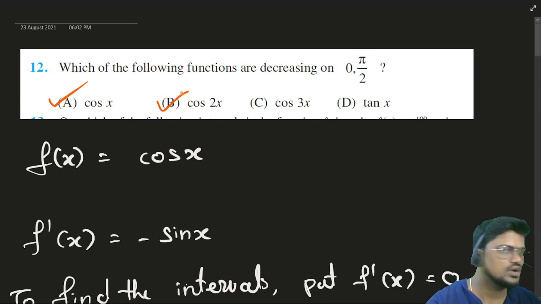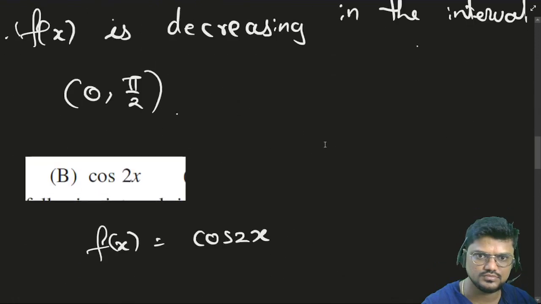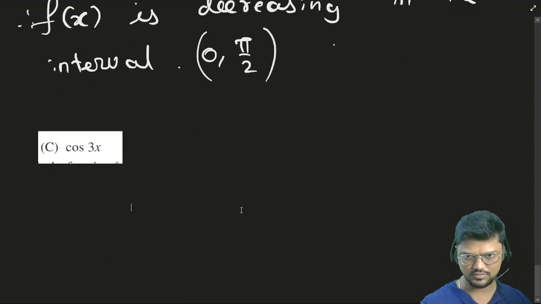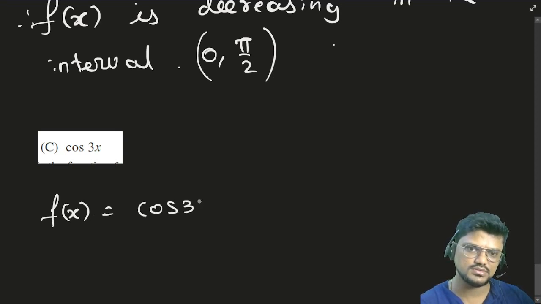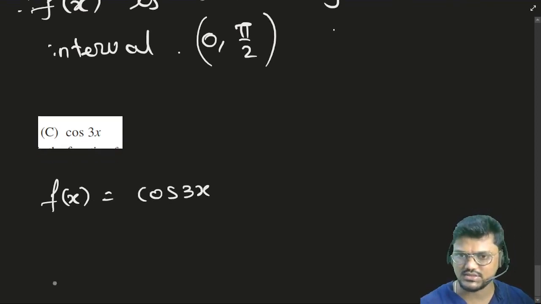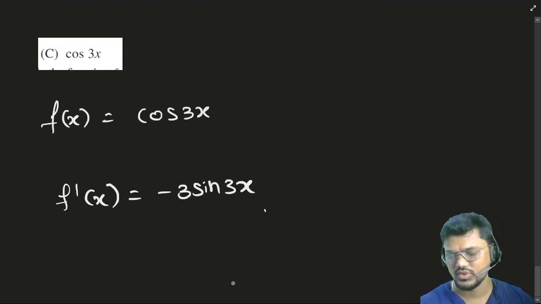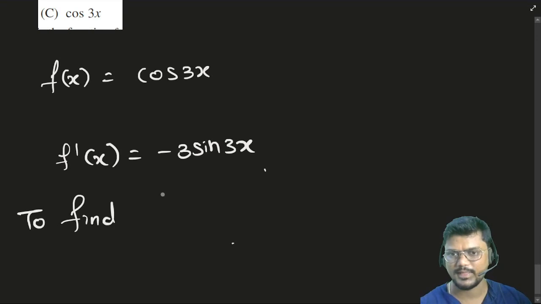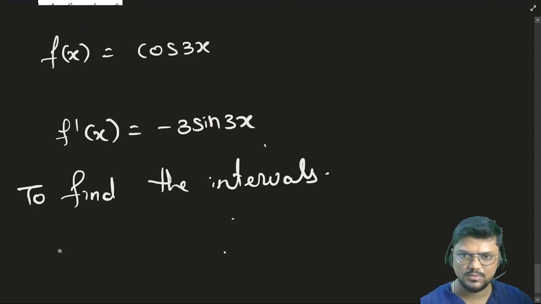Now let us check for cos 3x. Again, your f of x equals cos 3x. Then your f dash of x will be equal to minus 3 sine 3x. Now to find the intervals, put f dash of x equals 0.